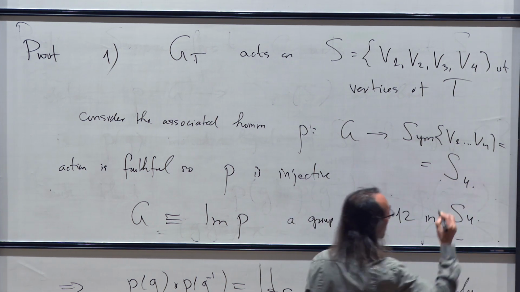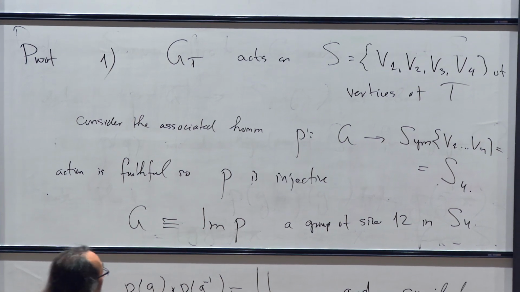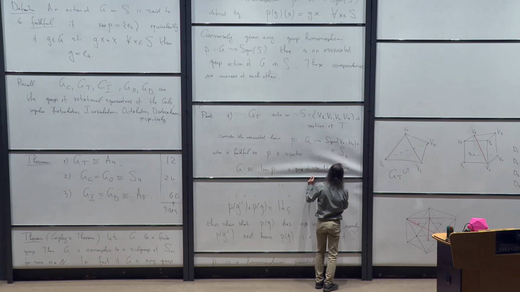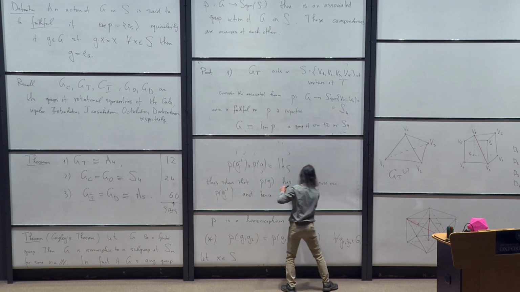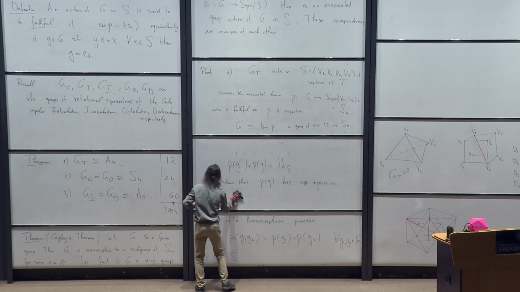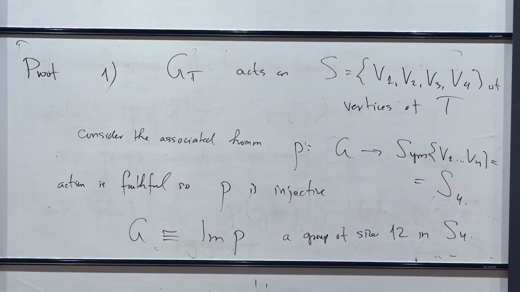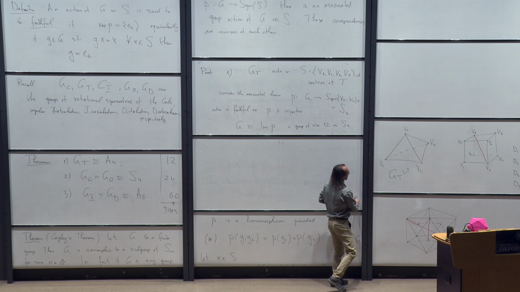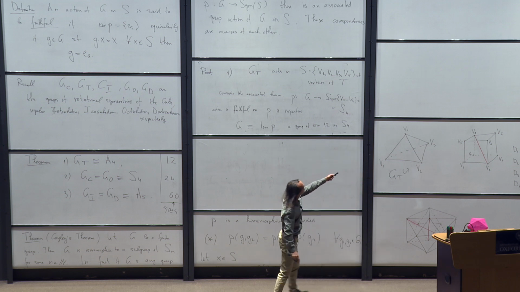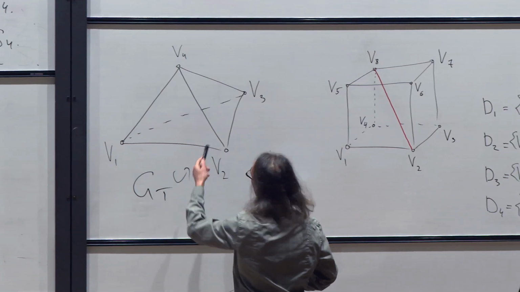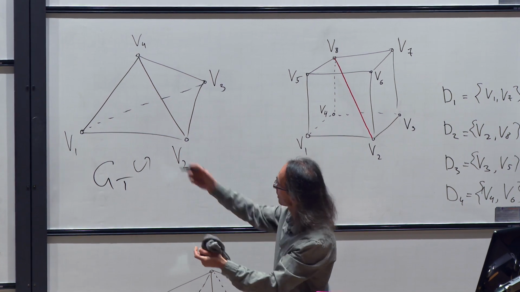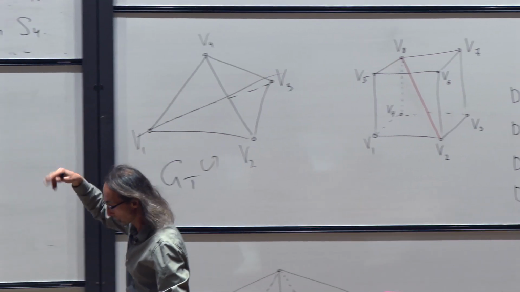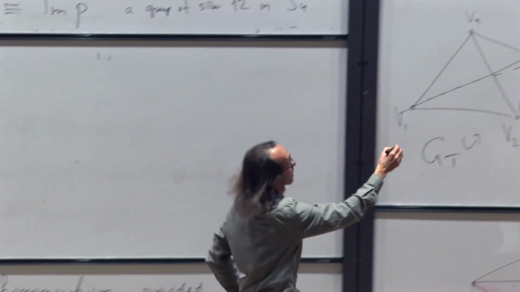in S4. And from here on, we can either show that the only group of size 12 in S4 is A4. That would be one approach. But we don't really have to go to such length, because we can immediately see that all the possible symmetries of a tetrahedron, there are only 12 of them, and you have, for example, the rotations of order 3 through a vertex and the midpoint of a face.